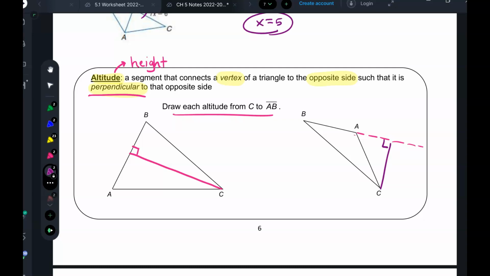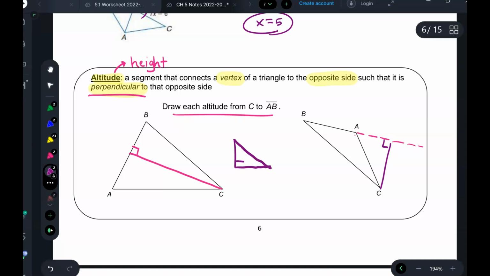If the triangle is an acute triangle, it's always going to be inside. If you're drawing to the opposite side that has an obtuse angle, it's always going to end up going outside the triangle. What if it were a right triangle? Well, then you have the exact angle. So technically this or this could be the altitude.